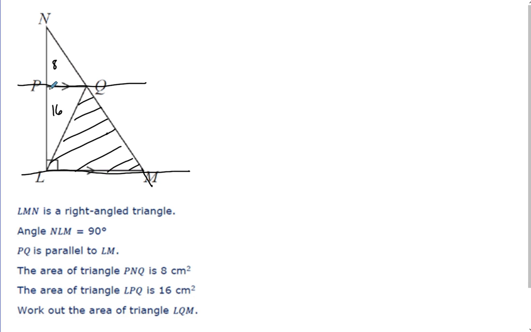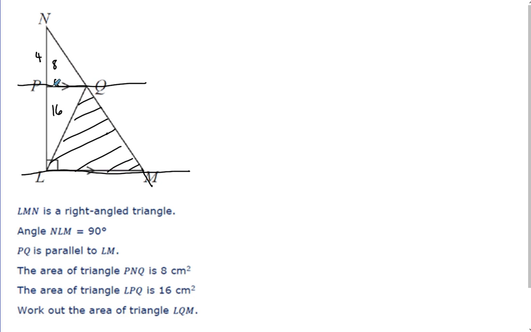Okay, so you can tell that is similar to that. So if the area of that is 8, I'm just going to make up some nice friendly numbers. When I look at that 8 and the 16, they have 4 in common, so let's put 4 there. We know the area would be half base times height, so it would be double the 8.